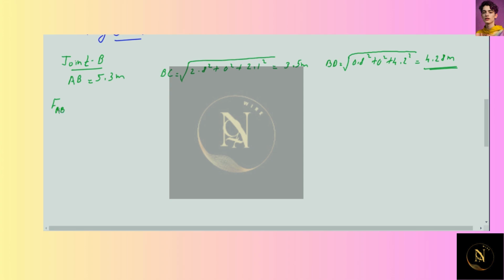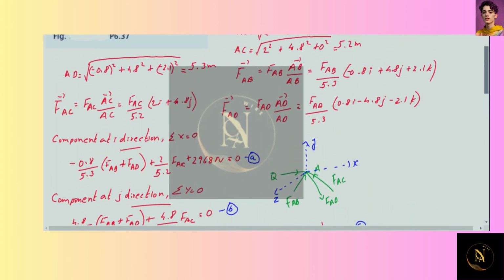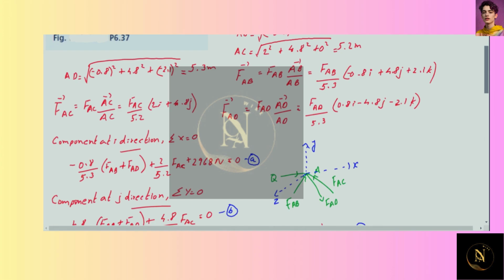Now let's find the vectors. Vector FAB, we found previously. Actually, we found FAB by 5.3 into that value.